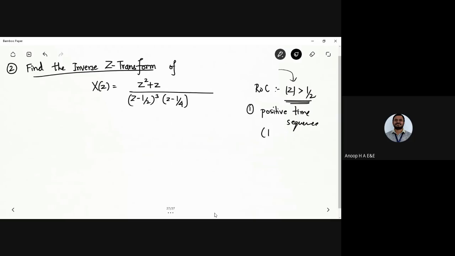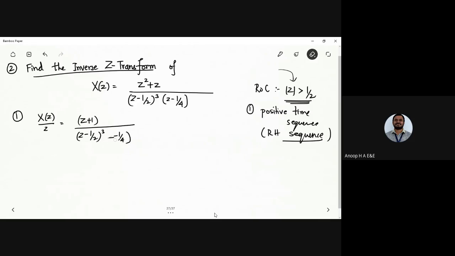Now I have x of z divided by z equal to (z plus 1) divided by (z minus 1/2) cubed multiplied again with (z minus 1/4). That equals A divided by (z minus 1/2) plus B divided by (z minus 1/2) squared plus C divided by (z minus 1/2) cubed plus D divided by (z minus 1/4).